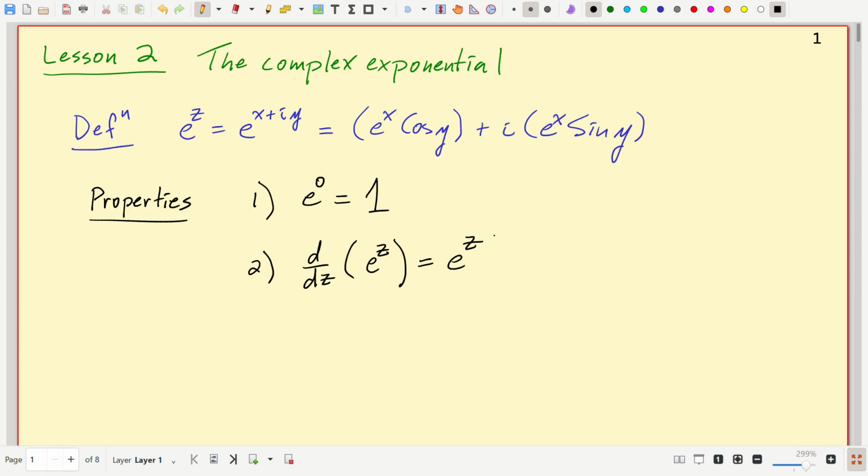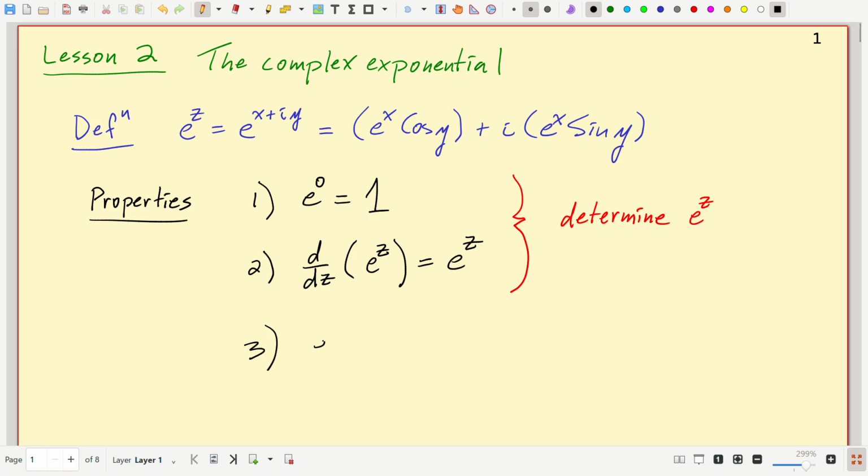And in fact, these two properties determine e to the z, kind of like if you take an ODE course, it's like e to the x. It's 1 at x equals 0, and its derivative is itself, and that completely determines that function. So these two things determine e to the z. There's only one thing that does that, and it's e to the z. We'll see that from first principles soon.